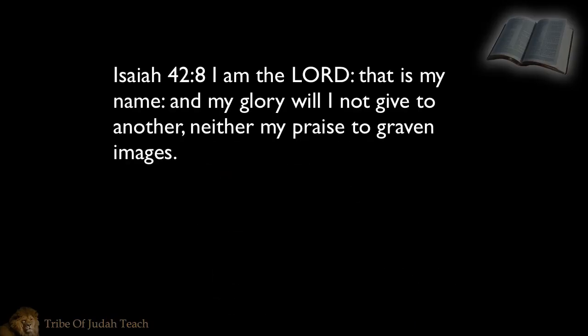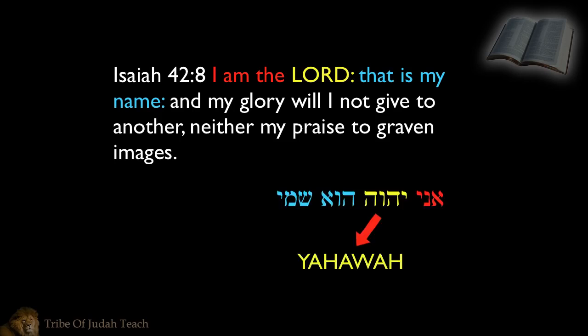Let's go to Isaiah 42:8. It says, I am the Lord, that is my name, and my glory will I not give to another, neither my praise to graven images. It says, I am Yahweh, that is my name, not Ahiah, Yahweh is right there.